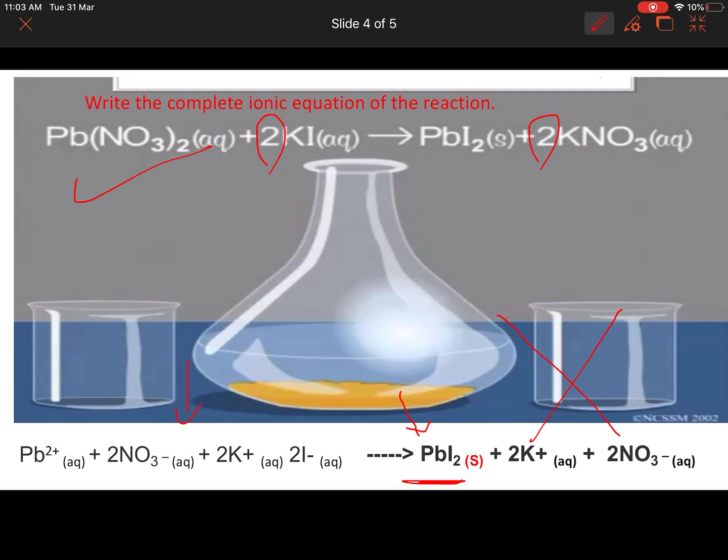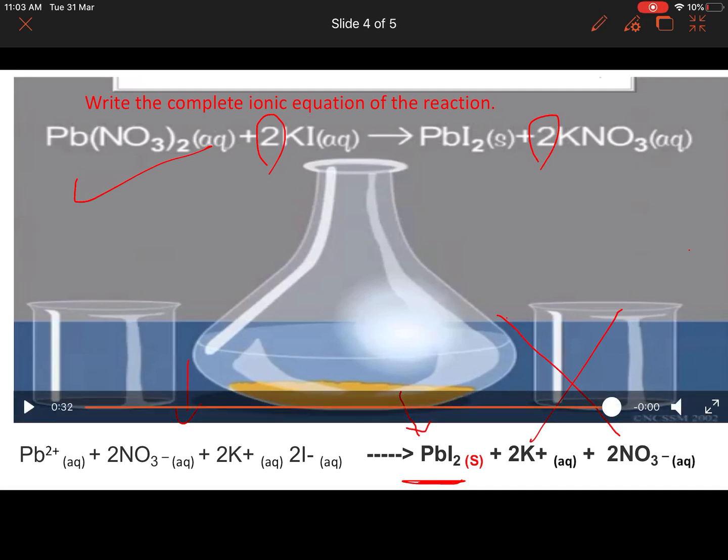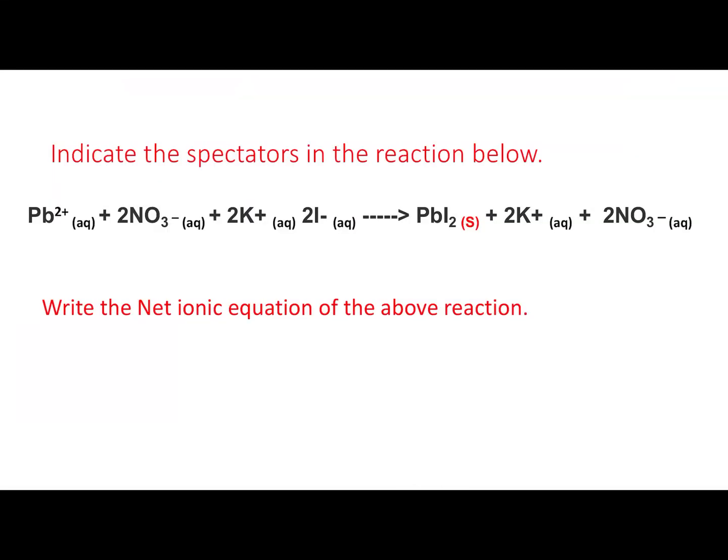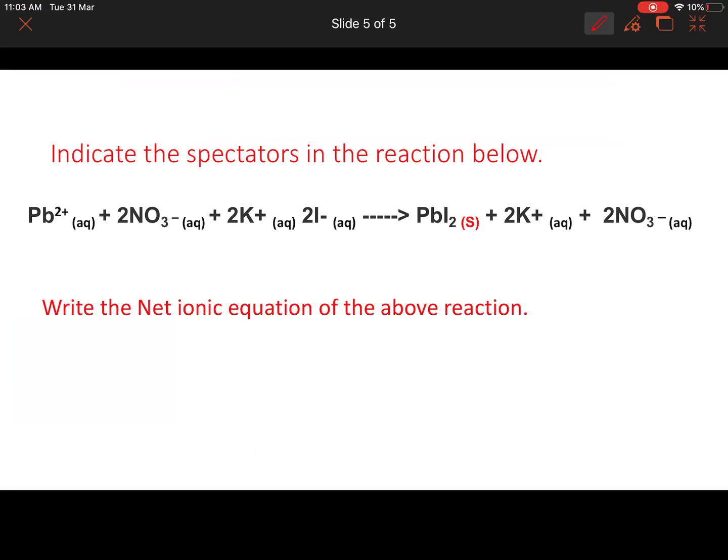Now the question is the last part in this question, to indicate the spectators in order to write the net ionic equation. What are the spectators here in this complete ionic equation?